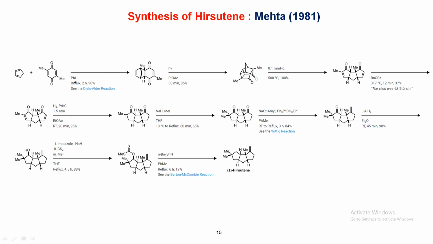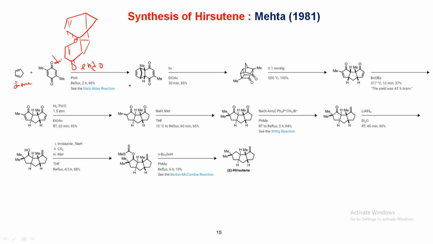So how did he do that? With this cyclopropene and this other compound, one acts as the diene and the other as the dienophile. The product forms due to secondary orbital interaction, and the endo product is major.